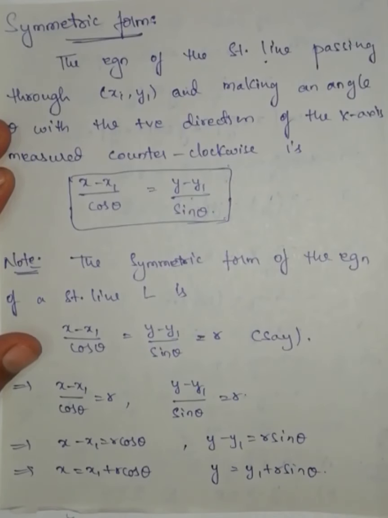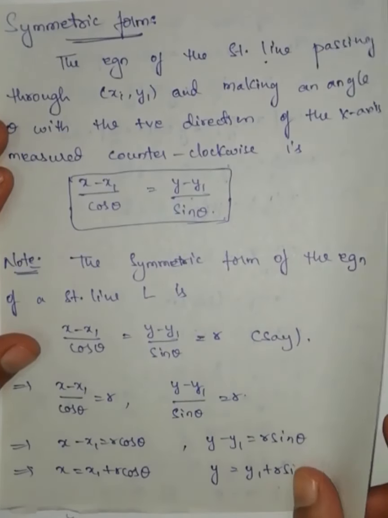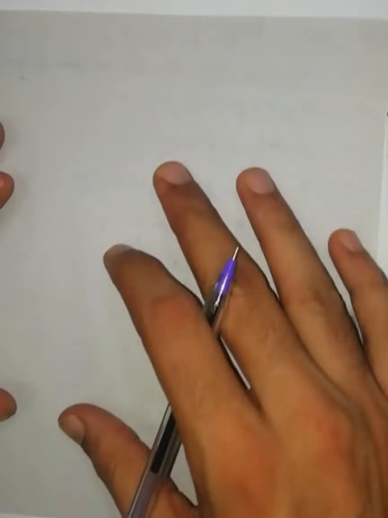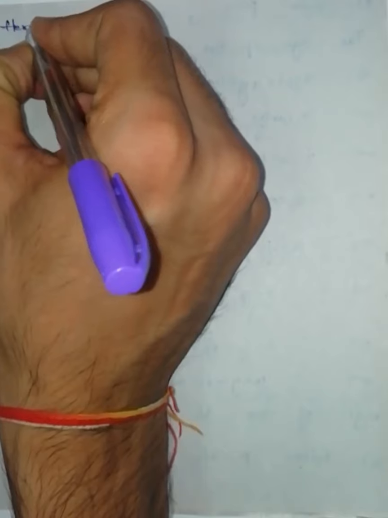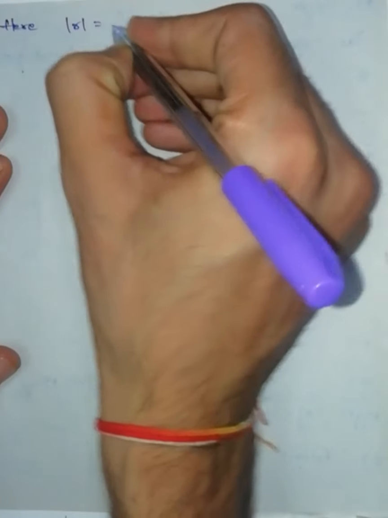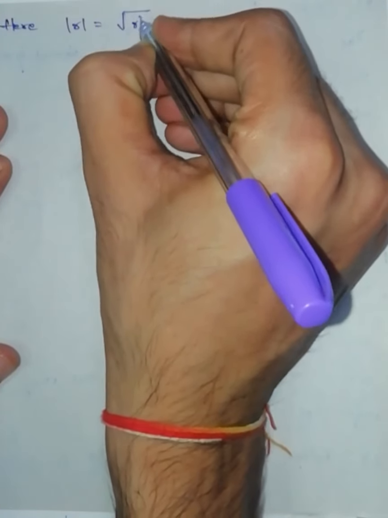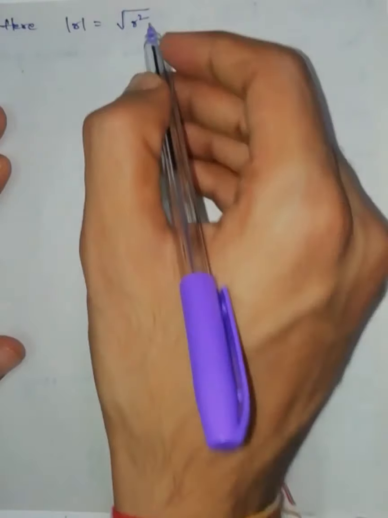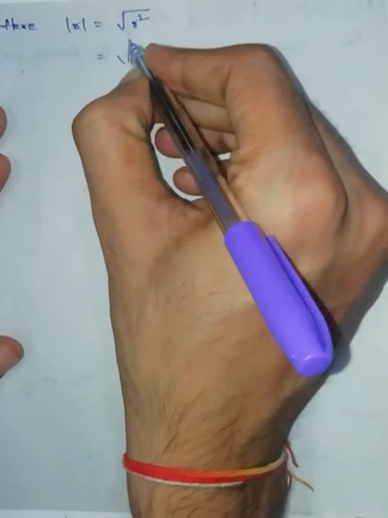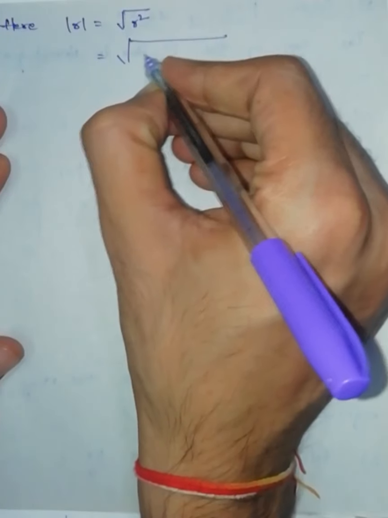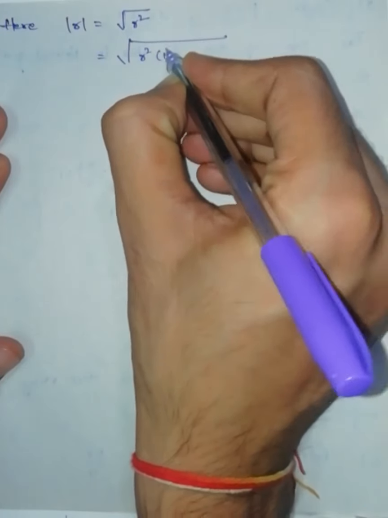Now modulus of r. Here modulus of r can be written as under root of r square. Under root of r square, I can write this one as under root of r square into 1.